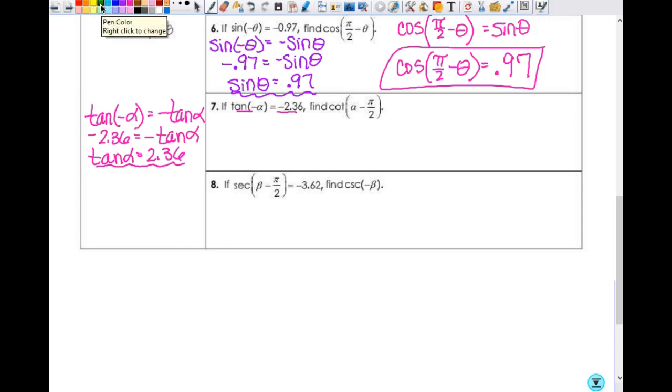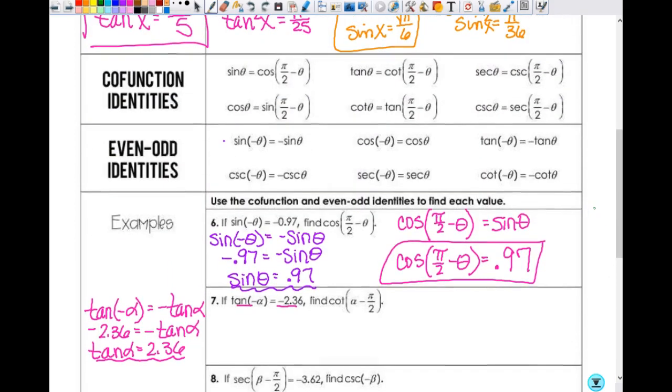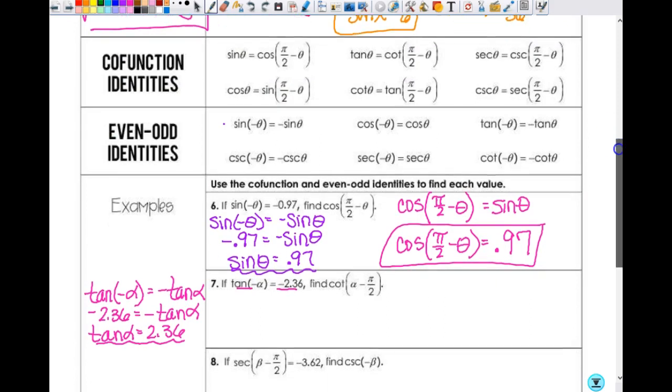Okay, so I'm looking for the cotangent of alpha minus pi halves. Can I pull that off of the reference up there? No, because pi halves comes second, right? It's got to come first. Up here, you see how all of these have pi halves minus theta? That's not what this says. So we have to manipulate this. Here's what I do know.